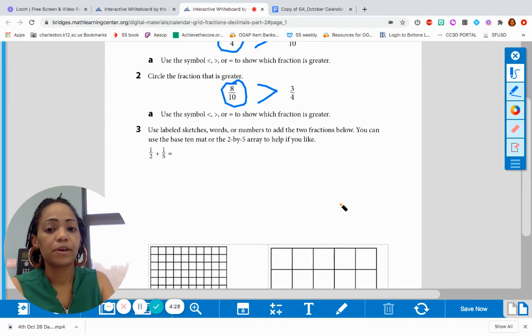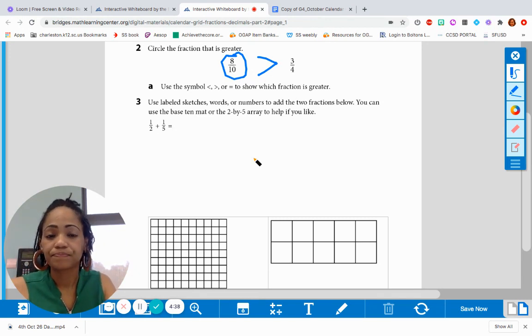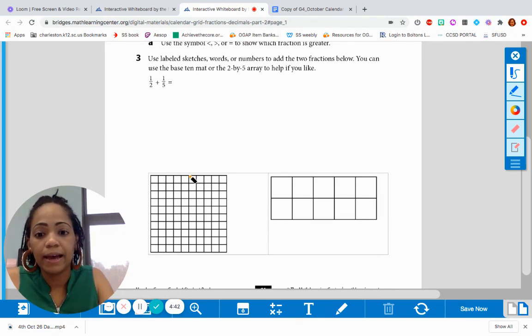Okay, how about for number 3, what'd you get? Use labeled sketches, words, or numbers to add the 2 fractions below. You can use the base 10 mat or the 2x5 array to help if you like. So we know that 1/2 is 50 cents. So I'm just going to outline 50 cents here.